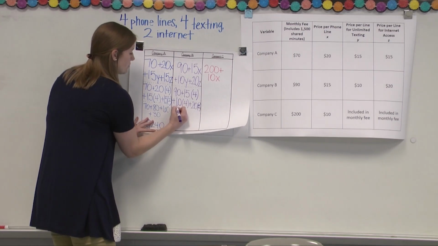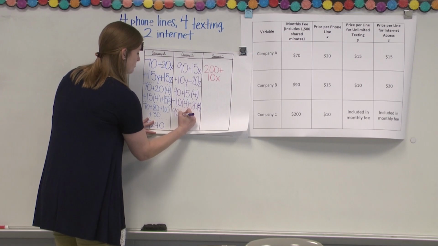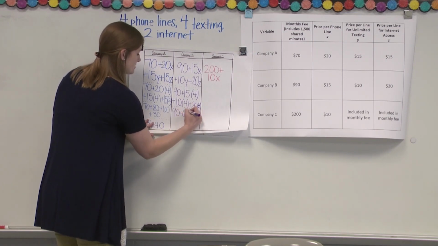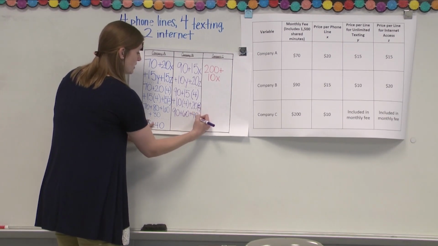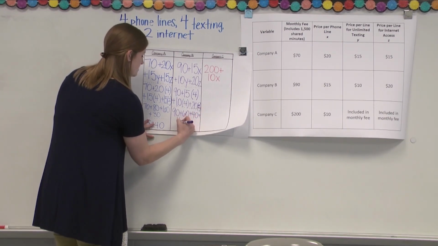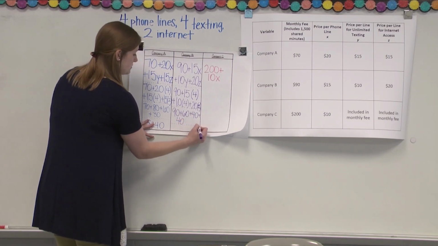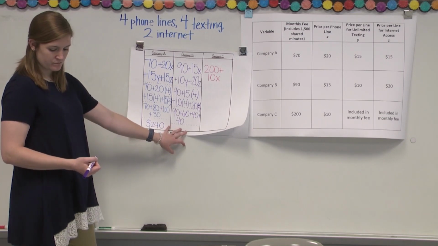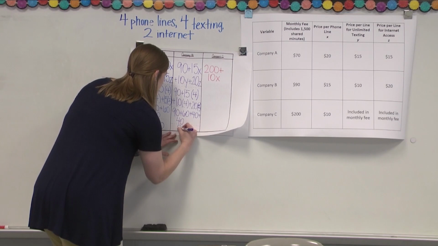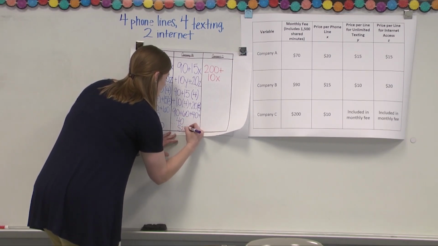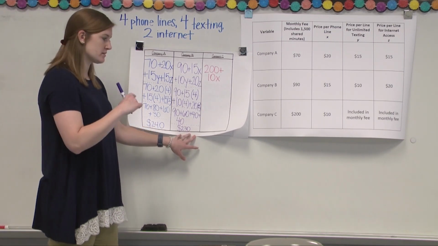Okay, so when we do the math, we're going to have 90 plus 15 times 4, which is 60, plus 10 times 4, which is 40, plus 20 times 2, which is also 40. Give me a second to jot that down. Okay, and so adding all of those together, we come up with $230. So Company B would charge us $230 in this scenario.